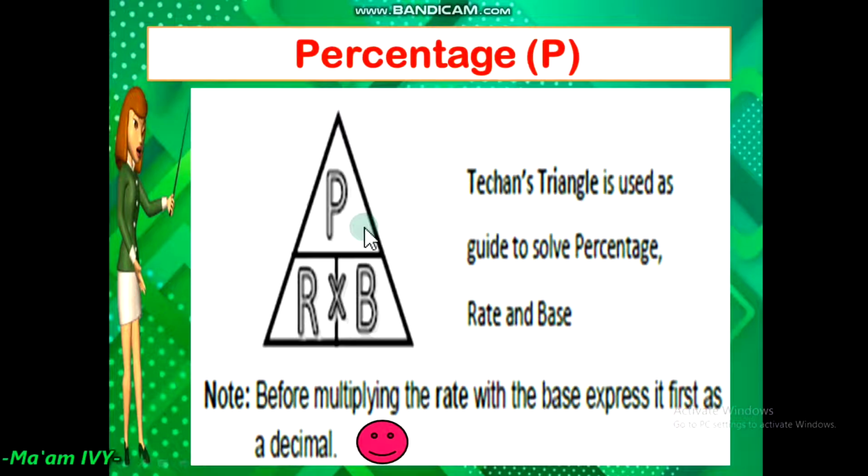So we have here the Tekken's triangle. Tekken's triangle is used as a guide to solve percentage, rate, and base. As you can see here, kids, it is a triangle, and inside the triangle you have a horizontal line and a vertical line.